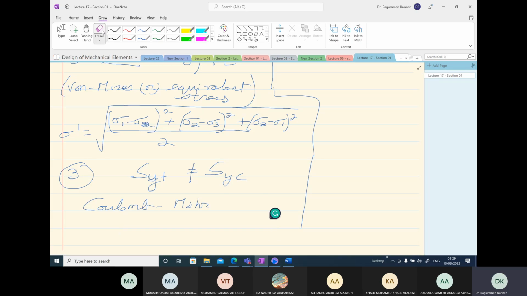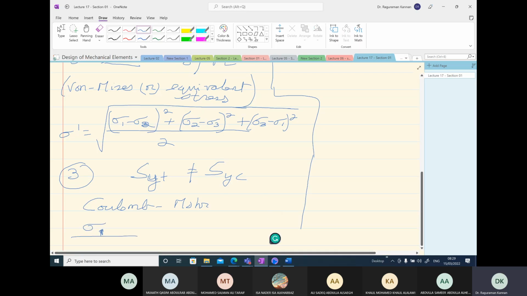In the numerator, we have the principal stresses, and in the denominator, we have the properties. Sigma 1, the highest value, over SYT, the tensile property, minus sigma 3 over the compressive property. Sigma 3 can be a positive or negative principal stress value, but in the denominator we have the compressive property, and this should be equal to 1 over n with the factor of safety.